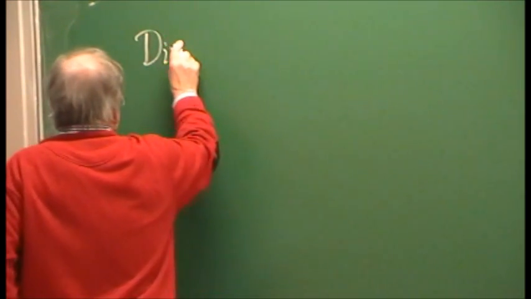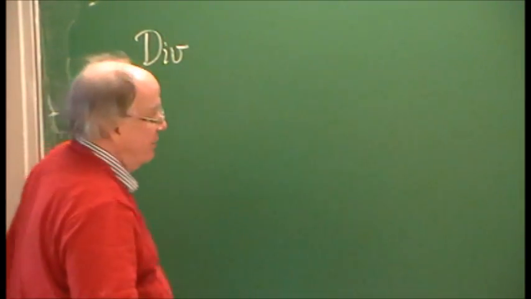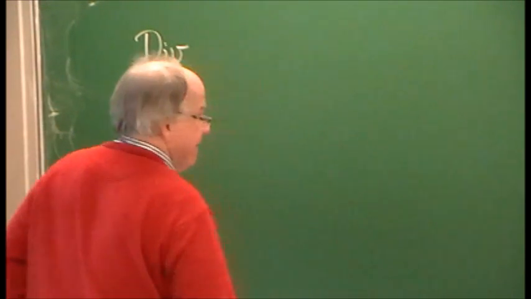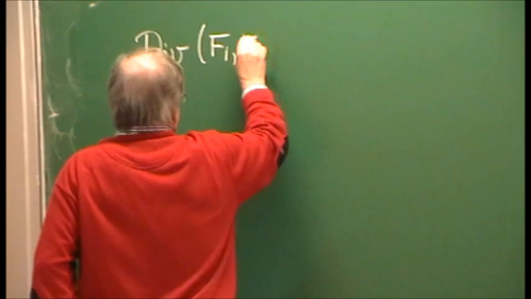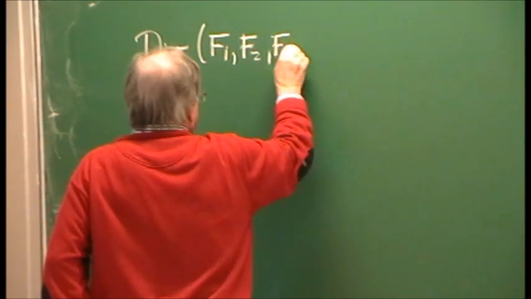Let me just briefly comment on that. Maybe as a homework exercise, I'll give it to you to compute, because you can have fun with it yourself. So, how do we compute divergence? What did I claim? Divergence of a field F1, F2, F3.